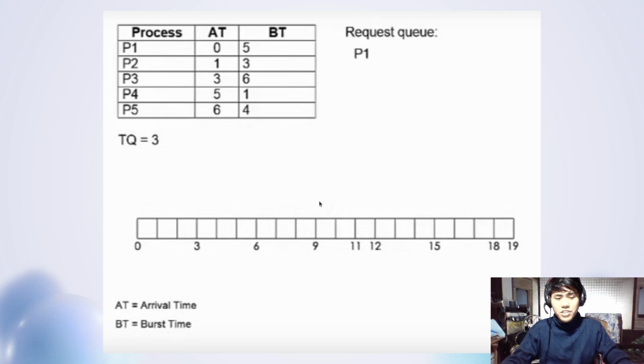This visualization is just for us to understand how it works. You're going to see these three boxes. There are never four boxes in a row because our time quantum is limited to three. We're going to have two or one, but we're never going to have four boxes for one process because the time quantum is limited to 3 seconds.